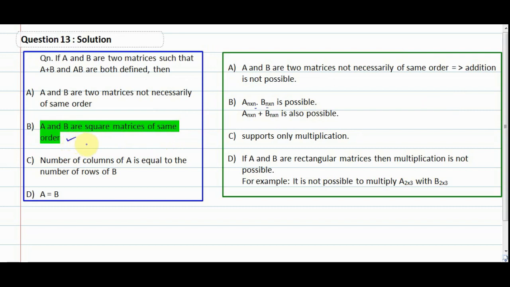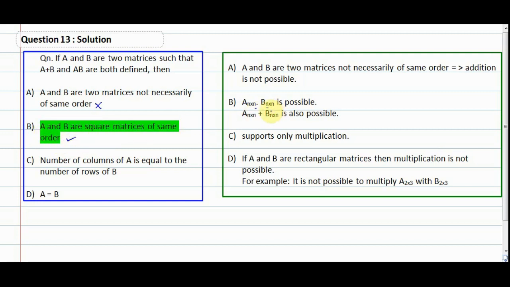Let's see the options one by one. A and B are two matrices not necessarily of same order, that is what option A says. If those two matrices are not necessarily of same order, then addition is not possible, so the statement given by option A is wrong. Now coming to option B, A and B are square matrices of same order.